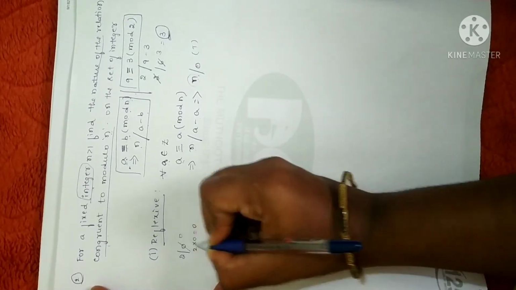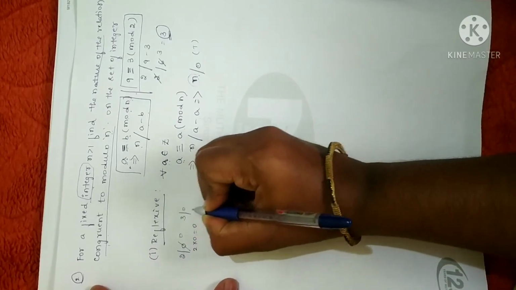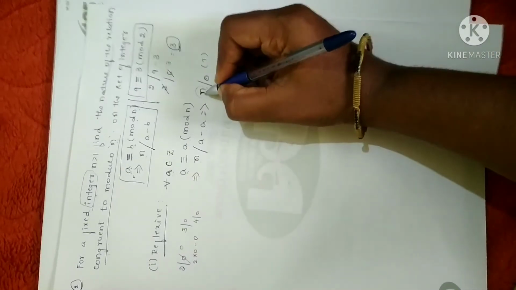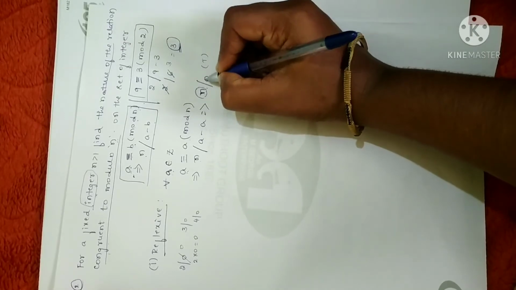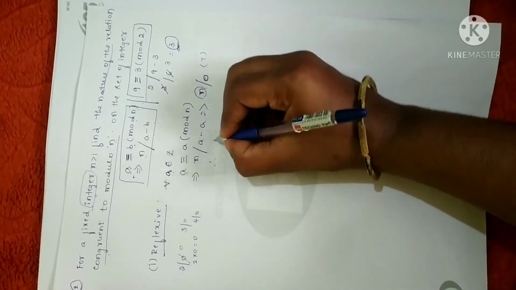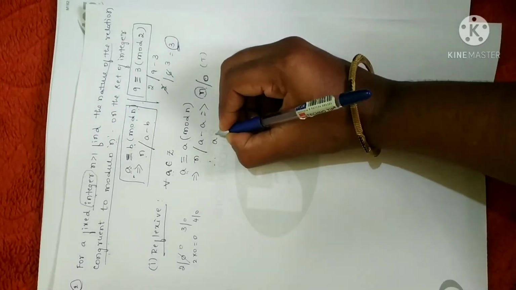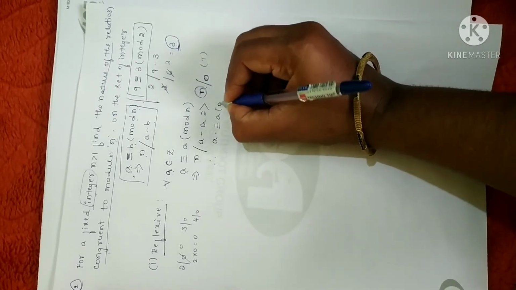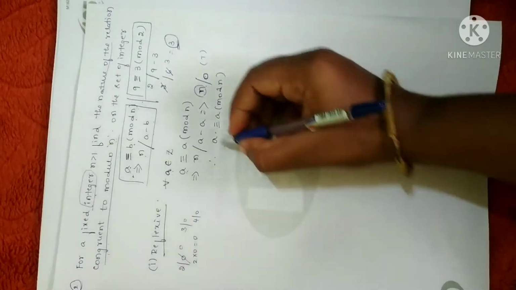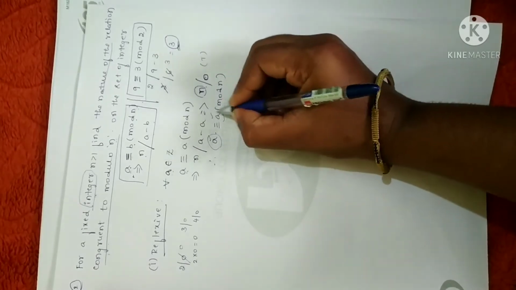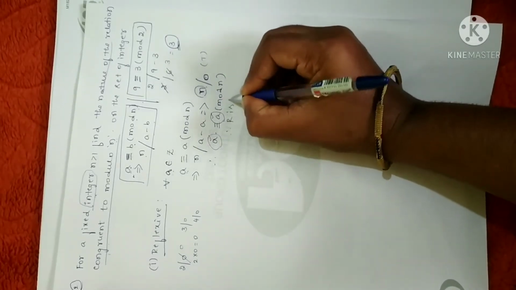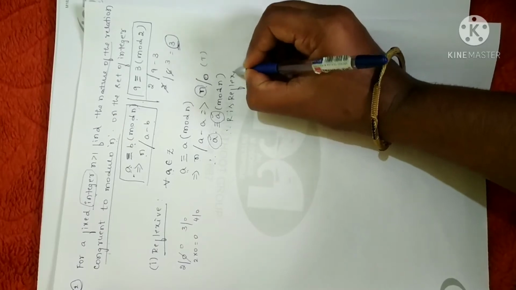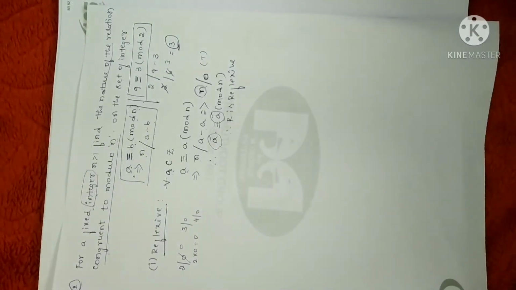Similarly, 3 divides 0, 4 divides 0. So in general, any number n divides 0. Therefore, A is congruent to A mod n. Therefore, R is reflexive.